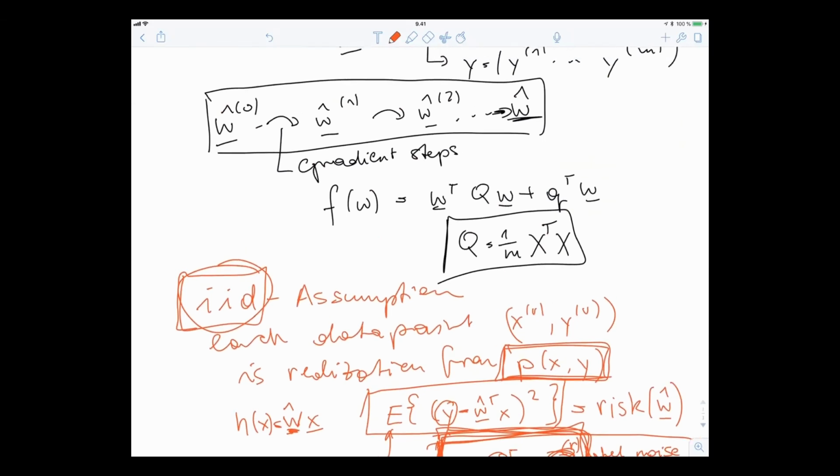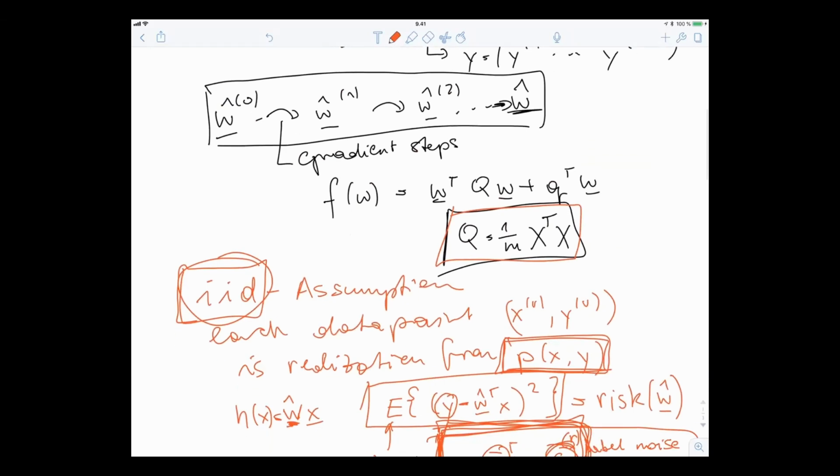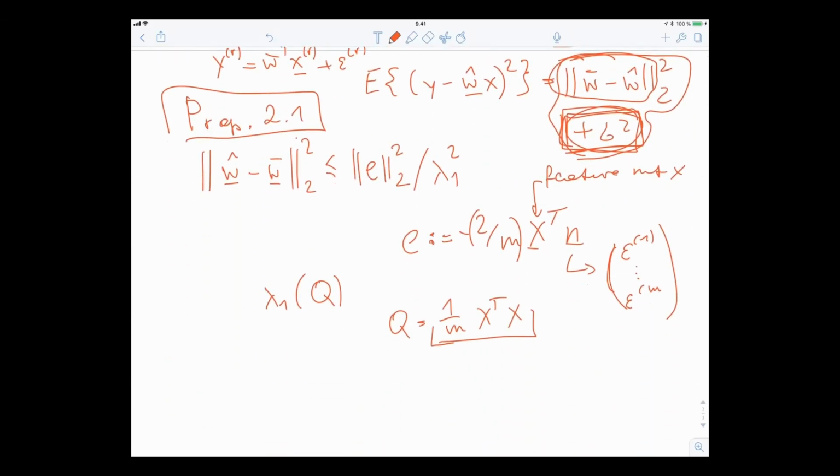So this matrix Q, defined via the features of the data points in the training set, not only defines the speed of the gradient steps, how fast they converge to a linear regression solution, but it is also crucial for the statistical properties. The larger this smallest eigenvalue is, the smaller the training error will be.